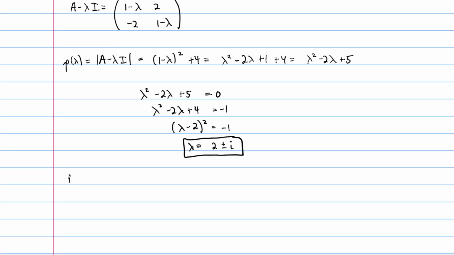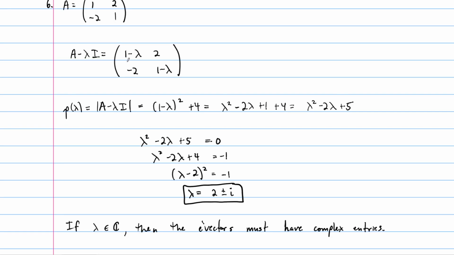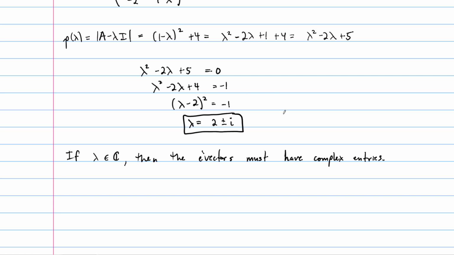If your eigenvalues are in the complex number system, then the eigenvectors must have complex entries as well. And the reason for that is because there's no way to multiply a complex number times a constant real vector and get back a real vector. That would make it complex. So your eigenvectors in this case must also have complex entries.